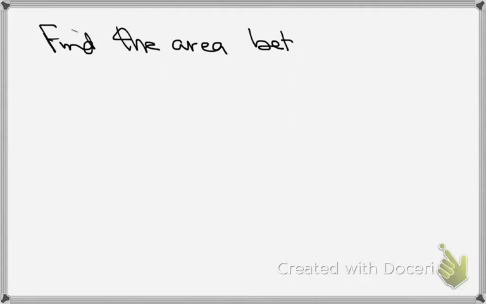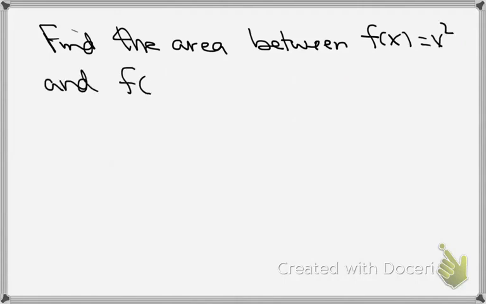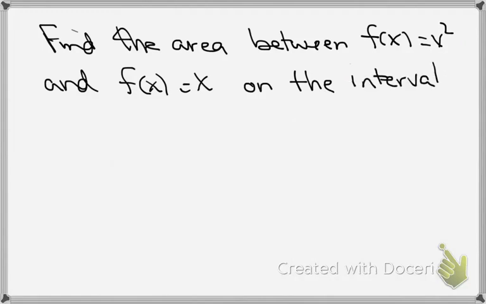So here's an example. What if I wanted to find the area between, let's say, f of x equals x squared and f of x equals x on the interval 0 to 1. Well, the first thing I need to do is graph those two functions.